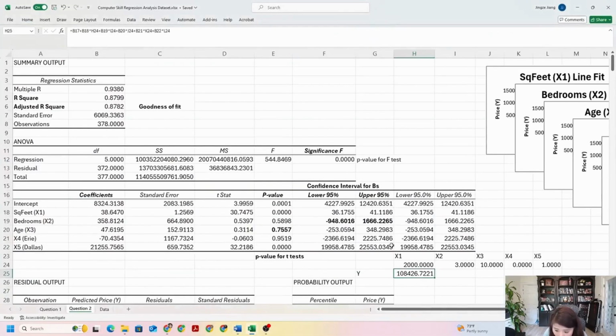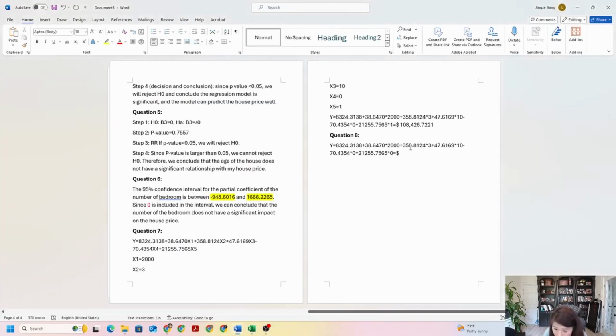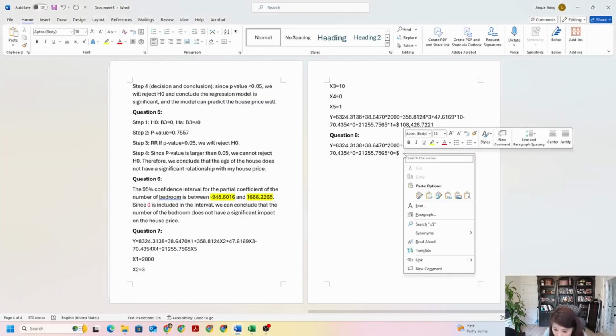The good thing about Excel is that I explicitly put my values down, so now I just need to update the value for x5 to 0. Now I'm able to get the value for the house located in Pullman. I'm just copying this value and coming back here to change it.